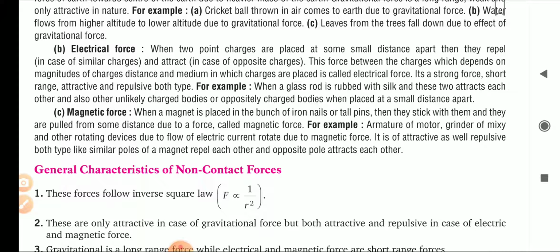Here, electrical forces. There is one equation which is not given in your book, but you should know it. Electrical force is given by Coulomb's law of attraction or repulsion. Coulomb derived one equation.